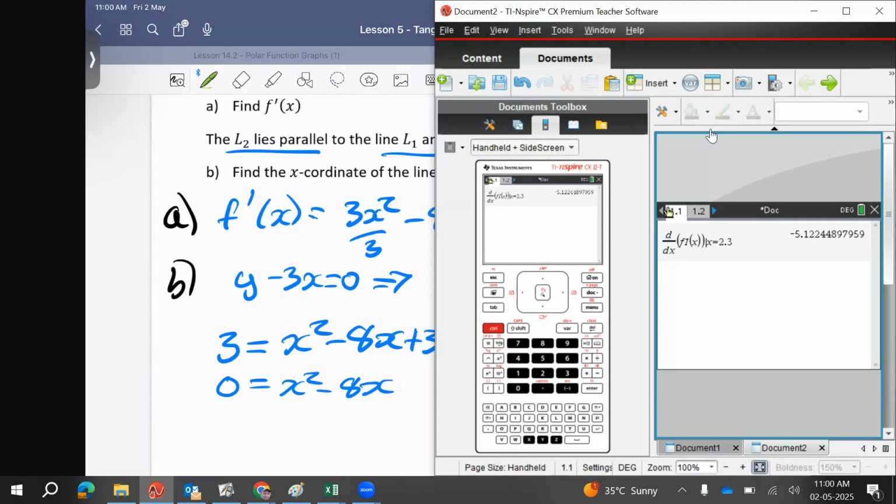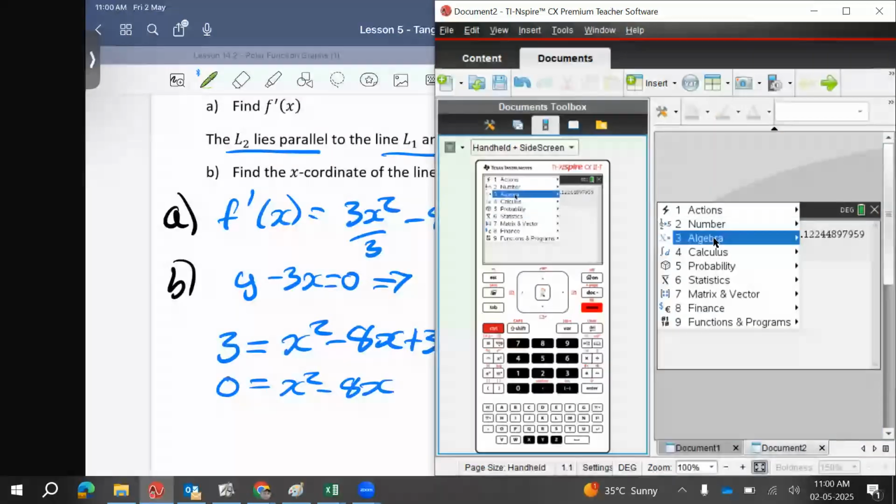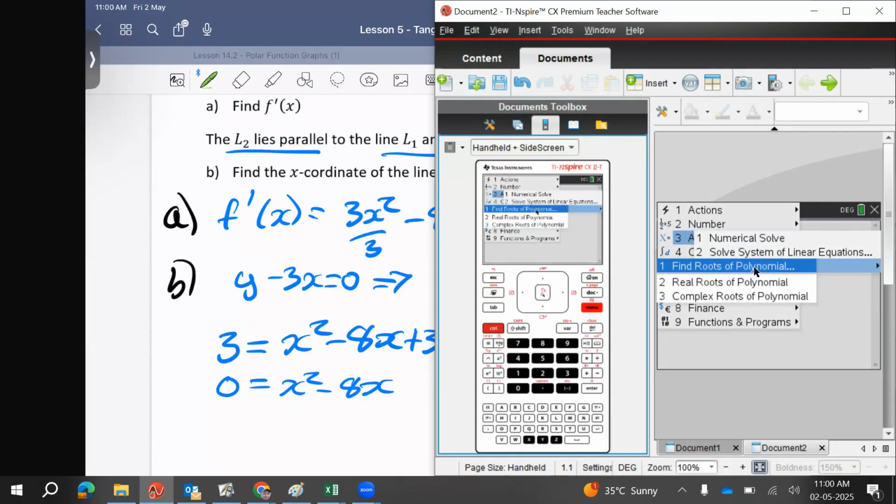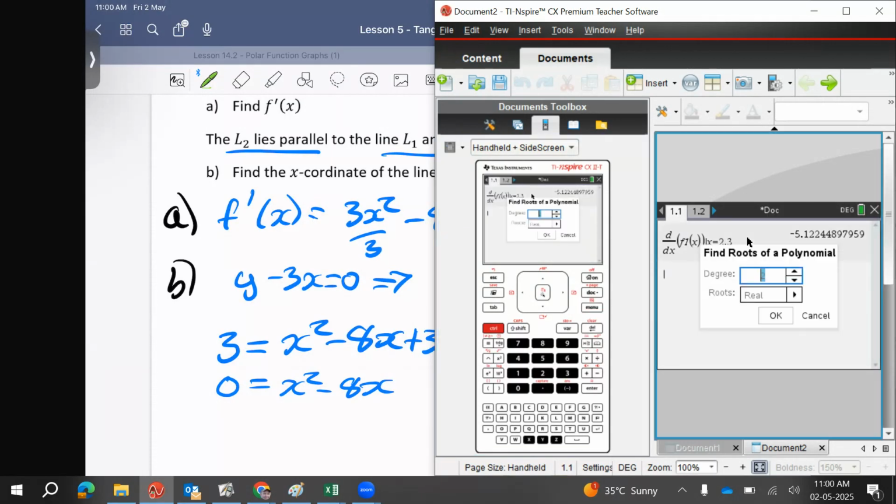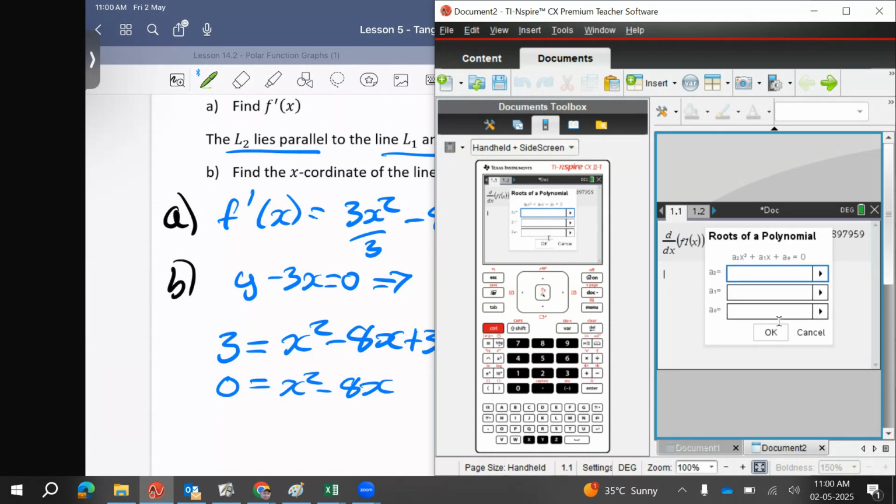So if you press menu on your calculator, algebra, number 3, and then polynomial tools, number 3, and number 1. So menu 331. It will say what degree is it? It's a second degree. And then we can type these in. 1, negative 8, and 0.